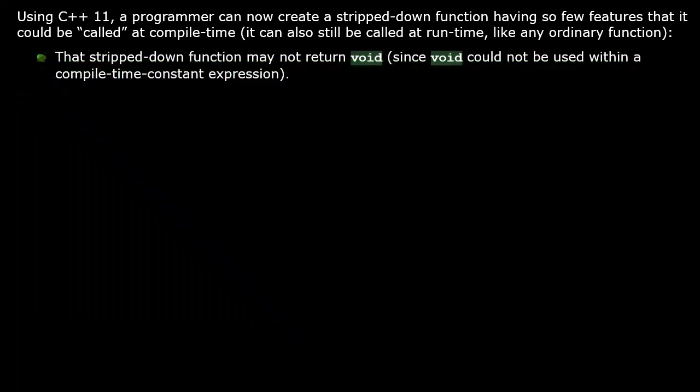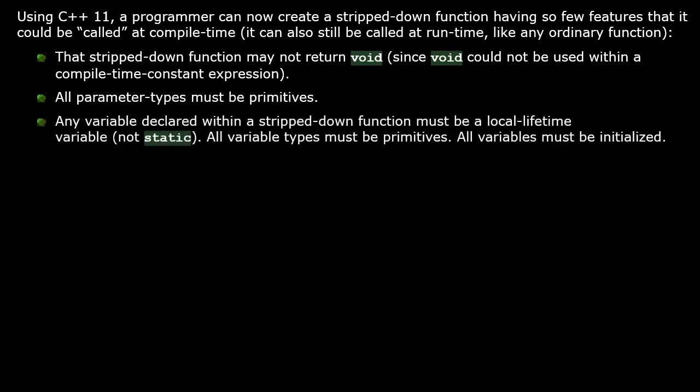Specifically, in order for a function to be used for a compile time constant, it may not return void. All of its parameter types must be primitives. Any variable declared within this stripped-down function must have local lifetime.